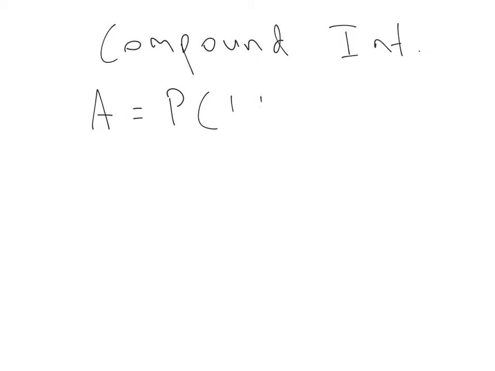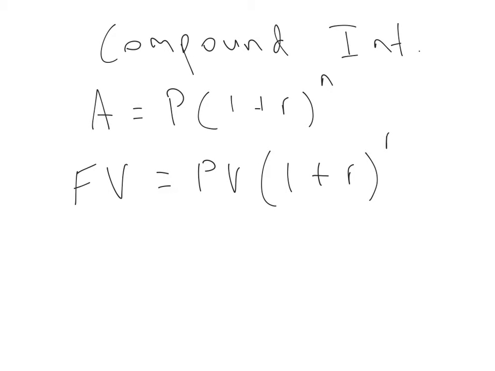Compound interest is also on the formula sheet. It normally looks something like that, but on the formula sheet they use future value equals present value times 1 plus R to the power of N. So again, your R and your N have to be in the same unit.